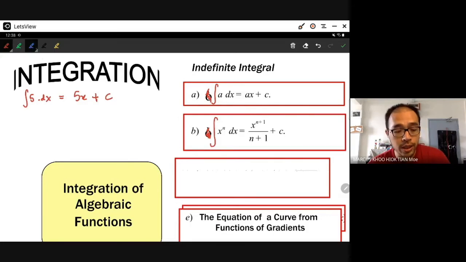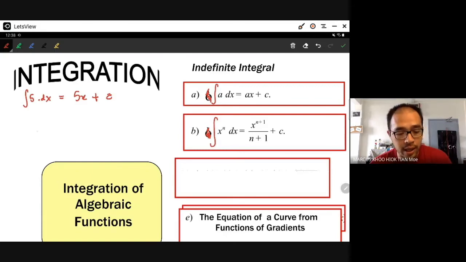And so the question comes: why is there a C at the back? What is the use of that C? In order to understand why there is a C at the back, remember that differentiation and integration are opposite of one another.